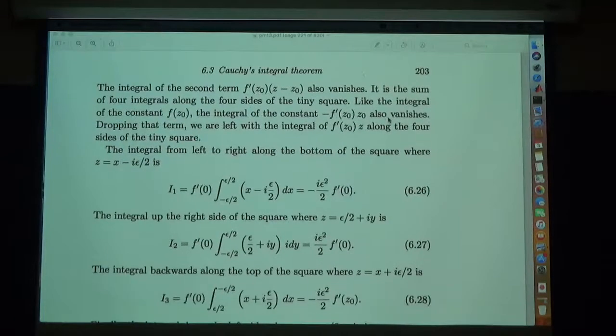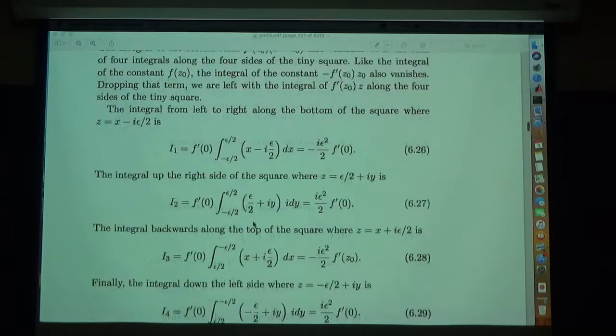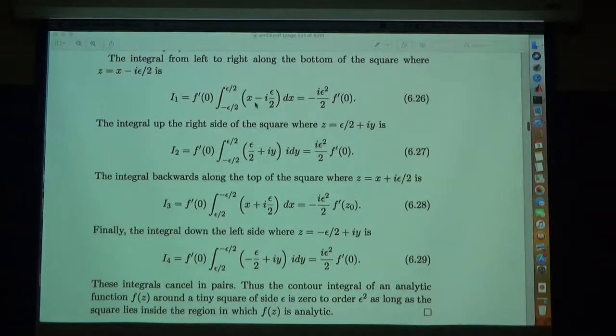And for the rest of it, we have the constant f prime of z0. Now we do z minus z0 integrated. We imagine the points x and y.